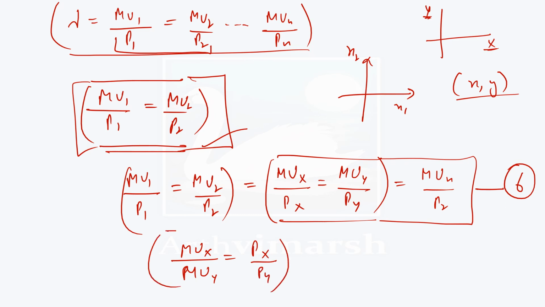If I transpose the expression, what I get now is the ratio of the marginal utilities, right? And this is the ratio of the prices, right? And what is the ratio of marginal utilities? What do we call that? If you remember, the ratio of prices also, what do we call that?